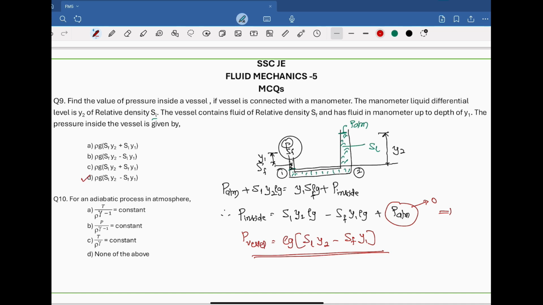Then the next question is a direct question. For an adiabatic process in atmosphere, because there are isothermal processes, I have explained, temperature is constant. There will be adiabatic processes also where the temperature is not constant.